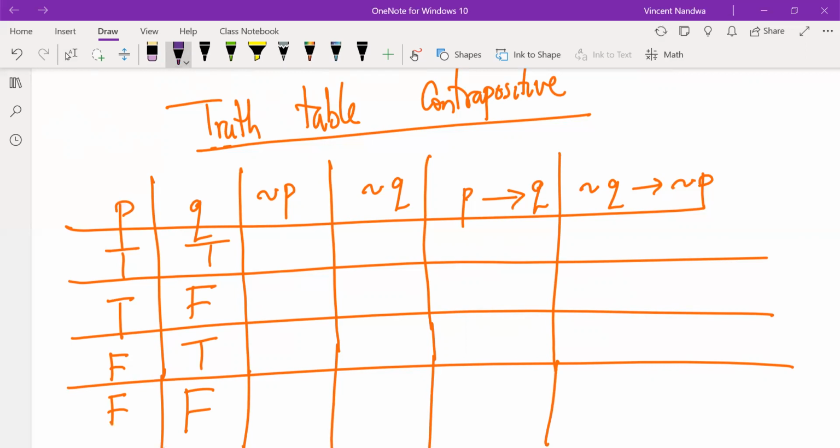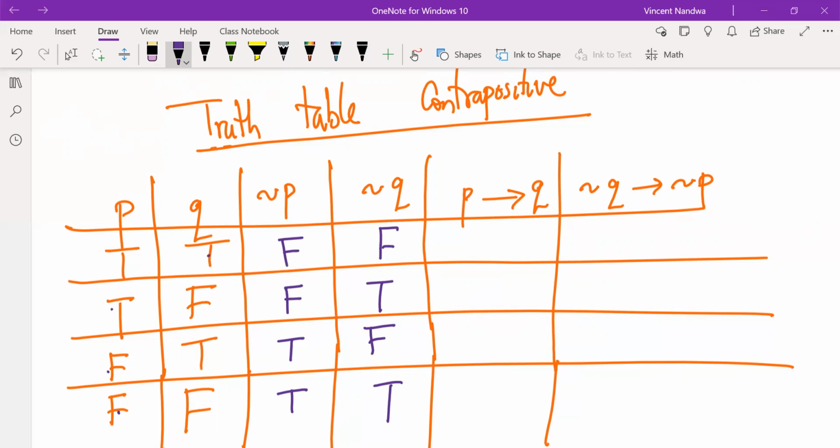Now, not P means you are negating the truth values of P. So true will be false, true will be false, false will be true, false will be true. Not Q, we are negating the truth values of Q. True becomes false, false becomes true, true becomes false, false becomes true.